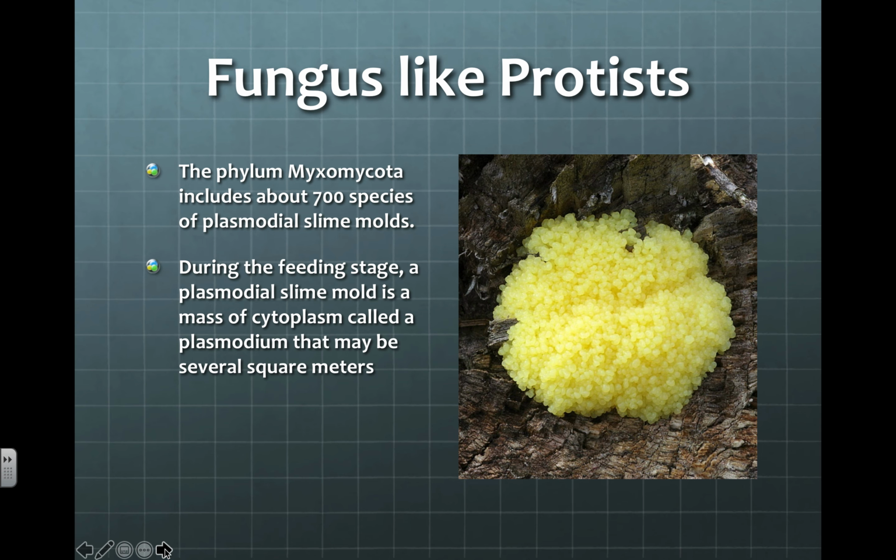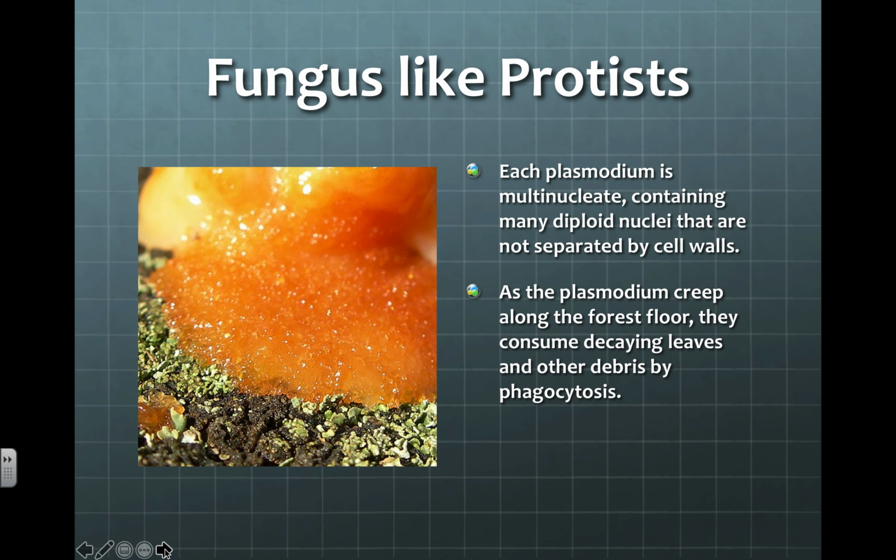During the feeding stage, a plasmodial slime mold is just this mass of cytoplasm, and that mass of cytoplasm is actually called a plasmodium. Do not confuse this with plasmodium that causes malaria. It's not the same thing. This is a mass of cytoplasm. You can see it over there to the right, and it's the actual feeding stage.